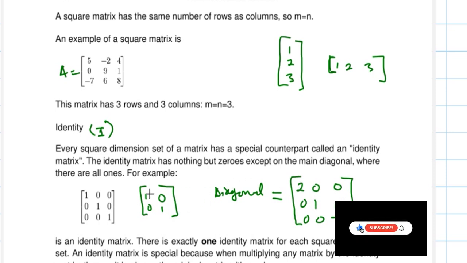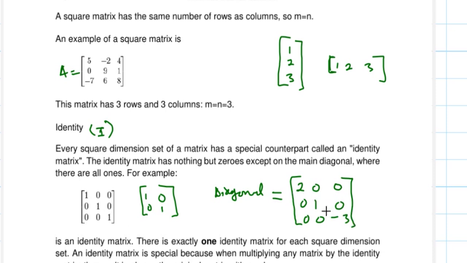Now compare. For the identity element, the only values there are 1s, and they are the diagonal elements, the leading diagonals. But in the diagonal matrix, you could see that the leading diagonals are not necessarily 1, right? So there's a difference. In the unit matrix, all the leading diagonal elements are 1, but in the diagonal matrix, the leading diagonals are not necessarily 1.